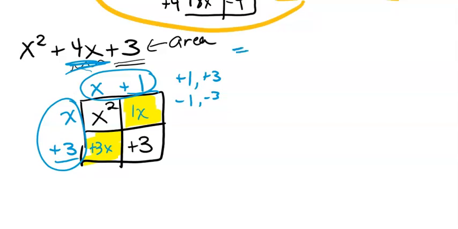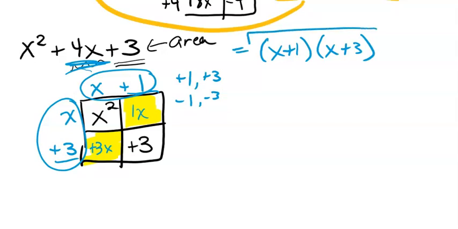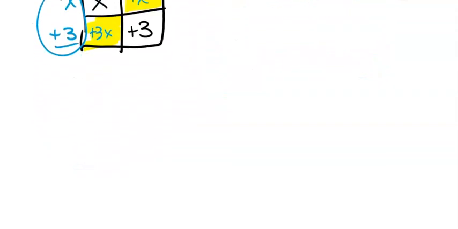So the factors of x squared plus 4x plus 3 are x plus 1 and x plus 3. You see we ended up with what our original problems looked like. So this is what factoring is when we're going from the trinomial back to what multiplied to give us that.